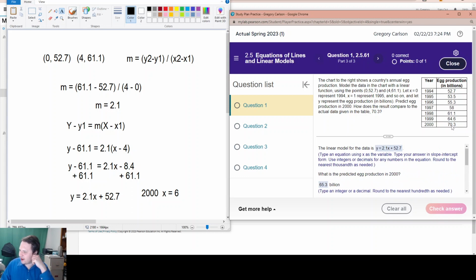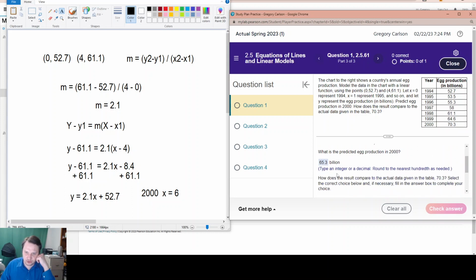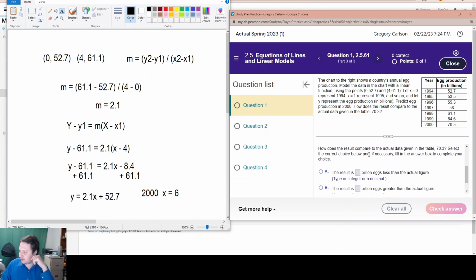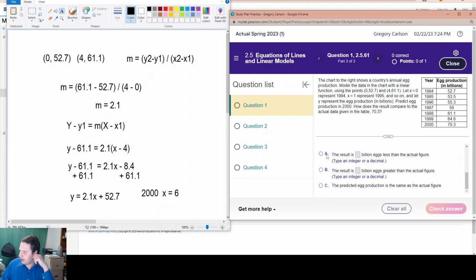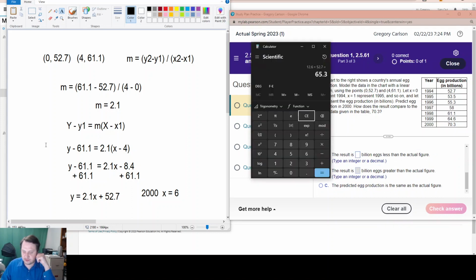And so you can see that that's kind of close. The table actual amount was 70.3, and our line predicted 65.3. So we're a little bit less than what the actual amount was with our prediction. So it says, how does they compare? It's less than the actual figure, and to find out how much less, we need to subtract.